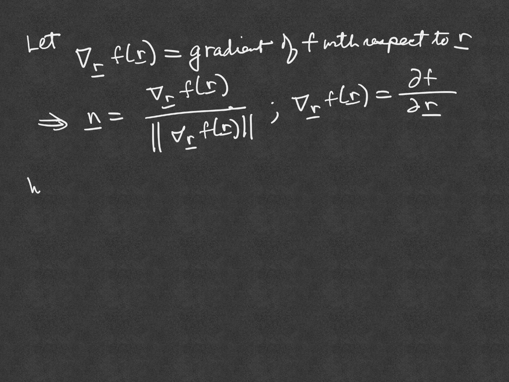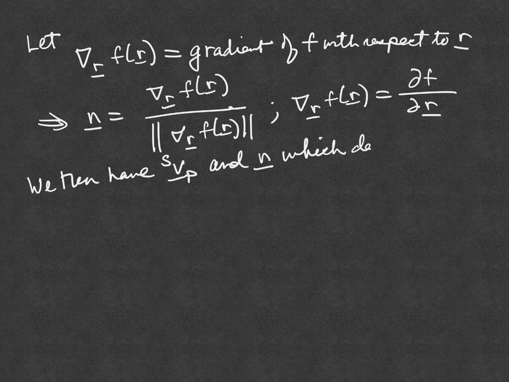So we then have the velocity of point P as viewed by an observer fixed in S, and n, which depends upon this quantity, the gradient with respect to R of F of R. And we can use these two things together to figure out the contact force.